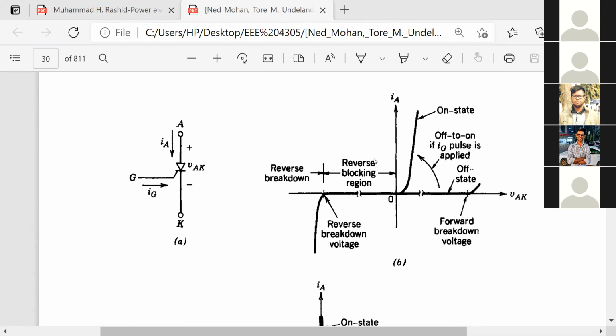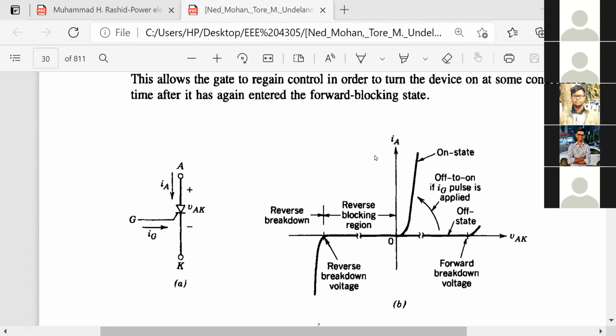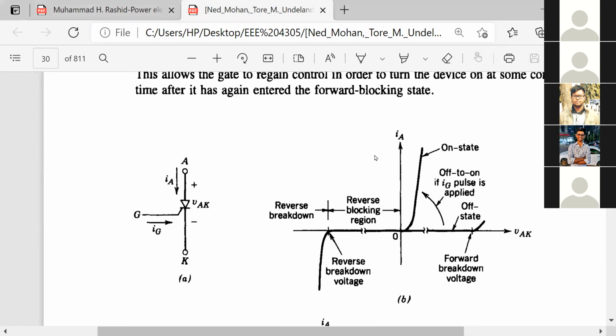Okay, I am coming to thyristors, or SCR. So look here, this is the VI characteristics, like your diode. I have already shown you the symbol. This is your anode, this is your cathode.